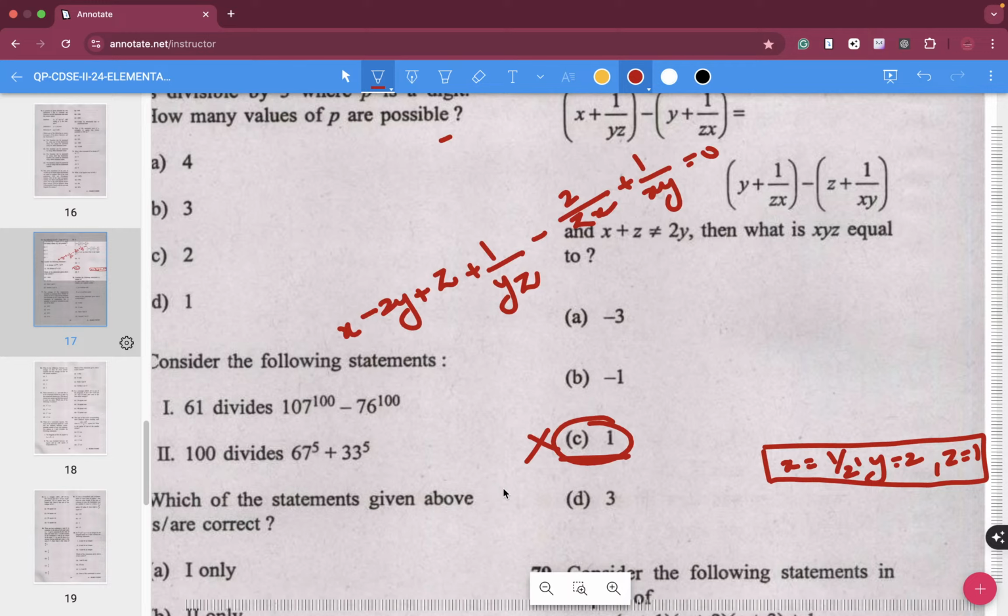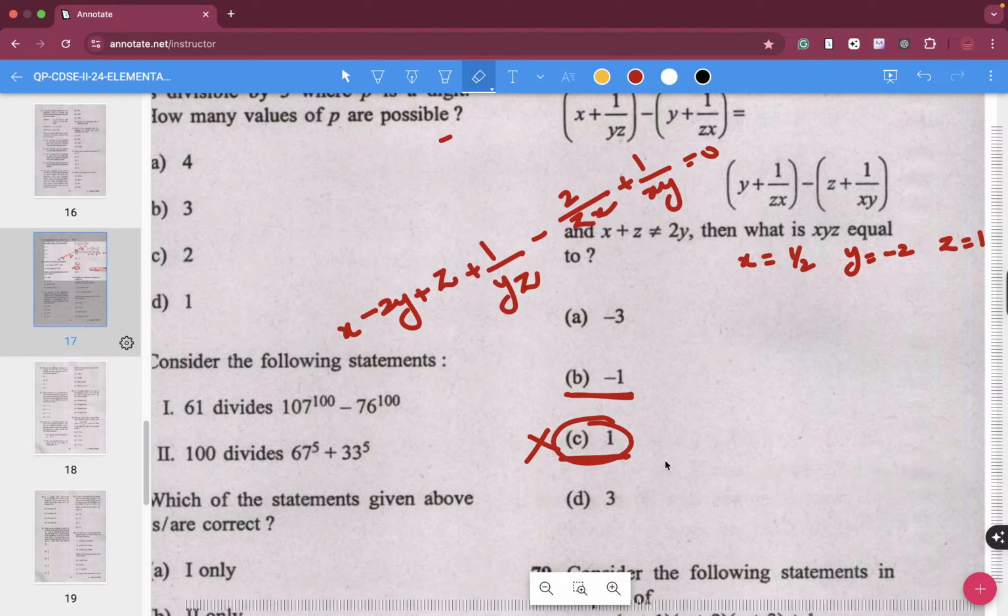Now if I do a little change over here, if I say x is equal to half, y is equal to minus 2 and z is equal to 1, can I say something like that? I have done a slight tweak. Now we are assuming this answer over here is your B option. If I assume something like that, so if you solve for this, x is equal to half minus 2y, minus 2 into y value is this particular value, right?